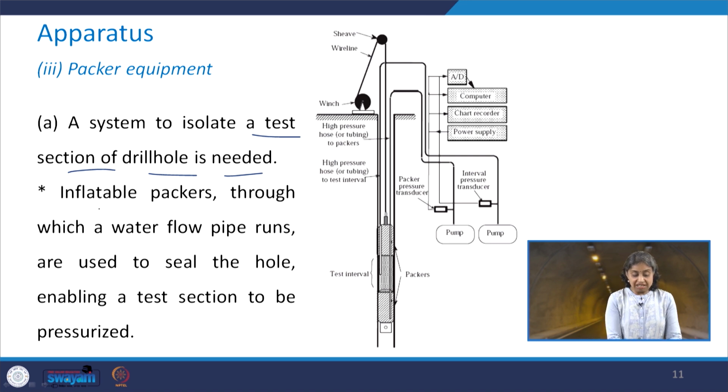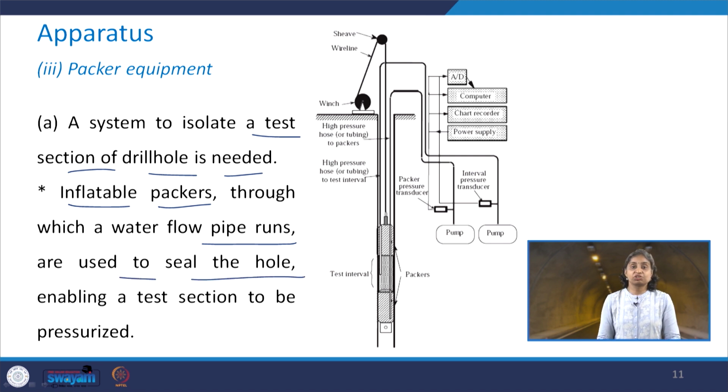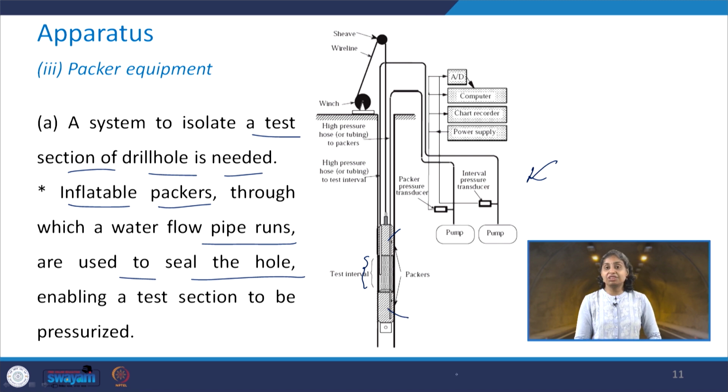It has inflatable packers through which a water flow pipe runs, and these are used to seal the hole, enabling a test section to be pressurized. In this figure it is clear that we have this test interval, and on top and the bottom you have the packers.